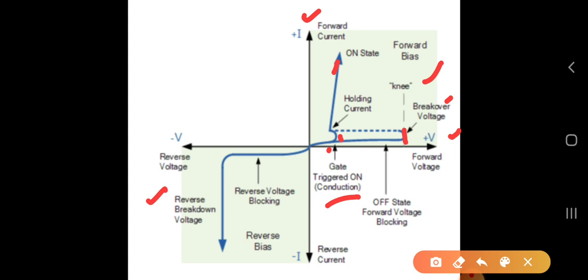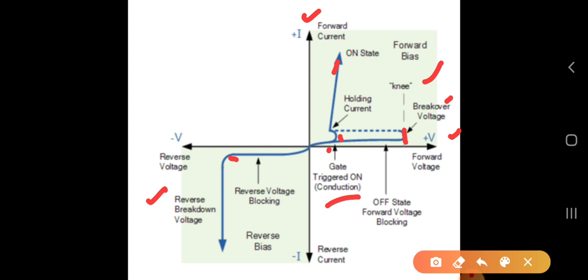Here you are observing the curve. When you increase the reverse voltage, you can observe that the current is nearly zero. It takes time and a maximum amount of voltage.